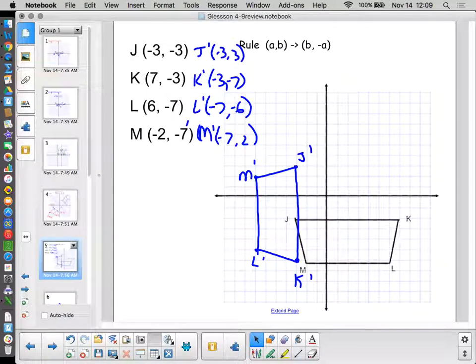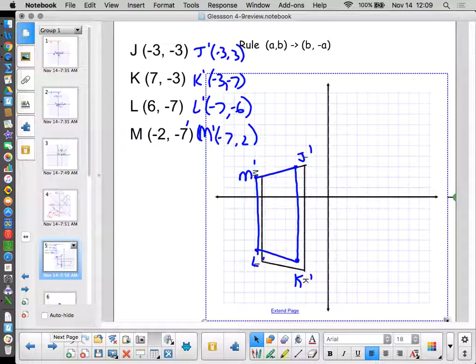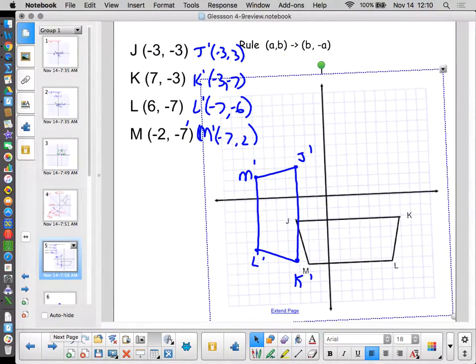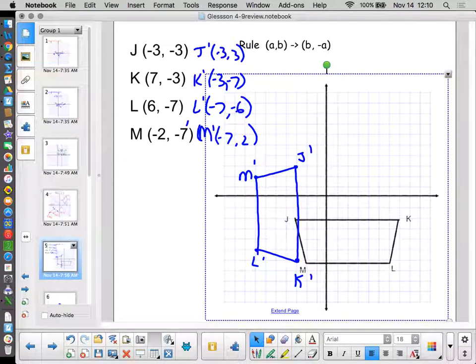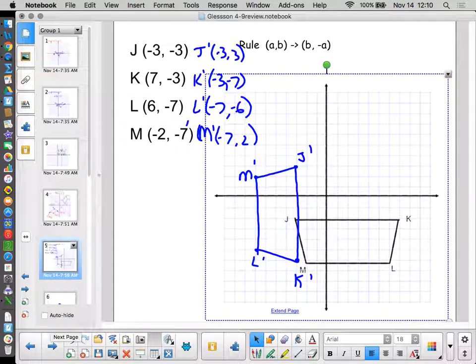I can check it by physically rotating 90 degrees. Oops, I must have been off by one. Close enough. What'd I do? Oh, I got my coordinates wrong here. I'm sorry. It's negative 2, isn't it? I think I drew it wrong to start with. Yeah, I got my coordinates wrong here.